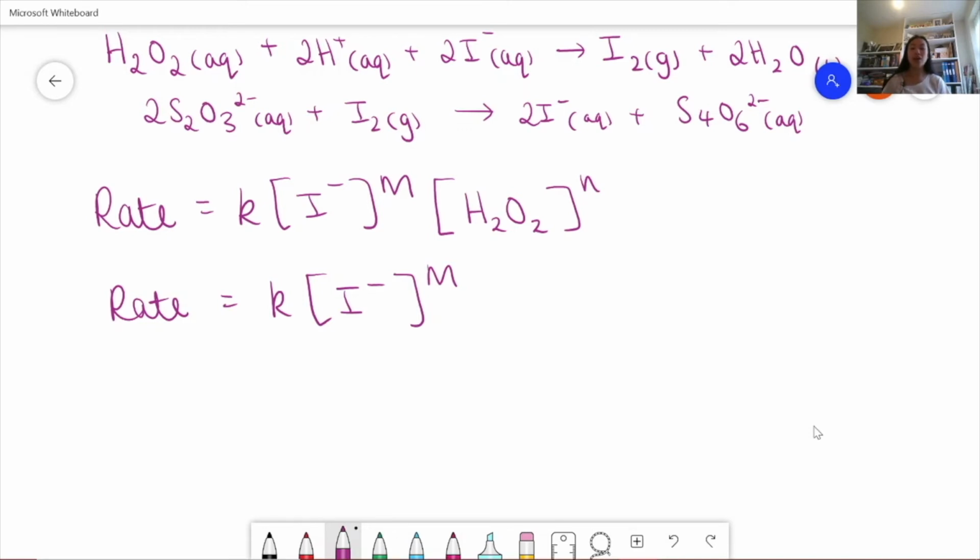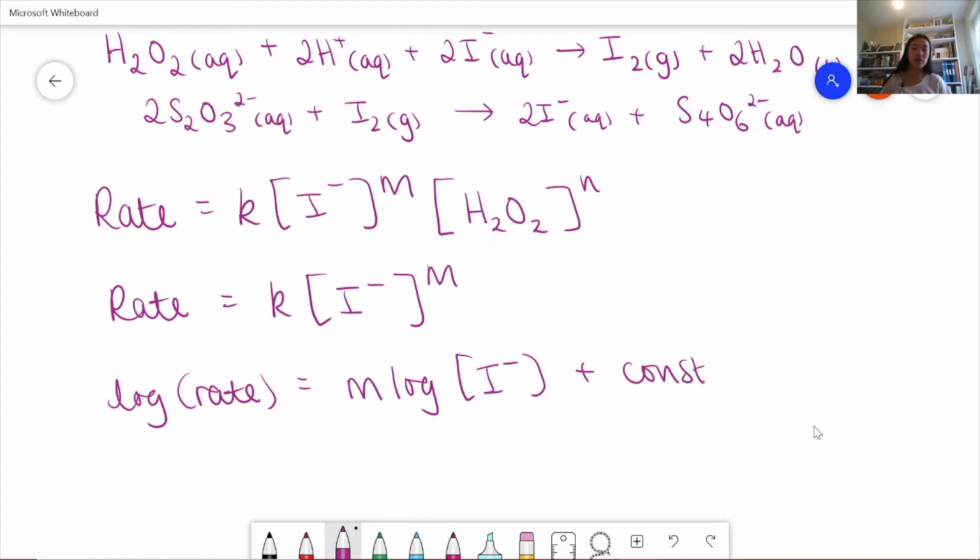Or we can take logs, and this will make graphing it a bit easier. So we could have the log of the rate is equal to m times the log of this concentration of I- plus a constant. So now we can plot a graph of this.